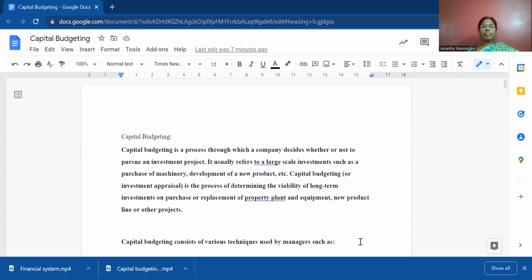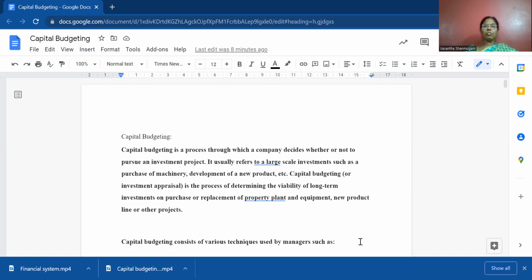In the last class I discussed the meaning of capital budgeting, the different types of capital budgeting decisions, and the characteristics of capital budgeting decisions. So again I repeat here, capital budgeting is the process through which a company decides whether or not to pursue an investment project.